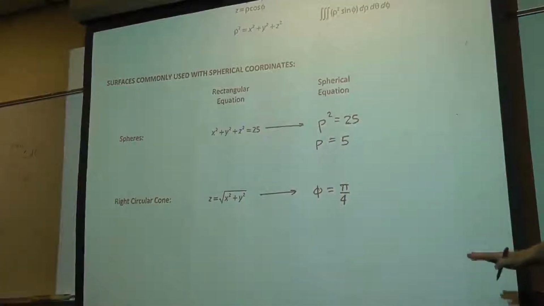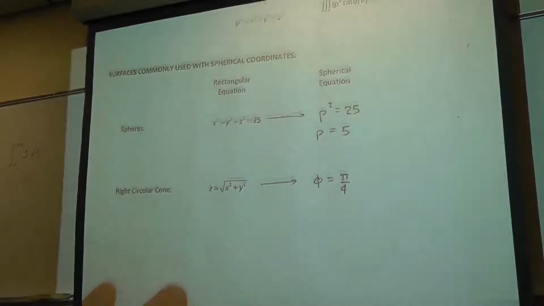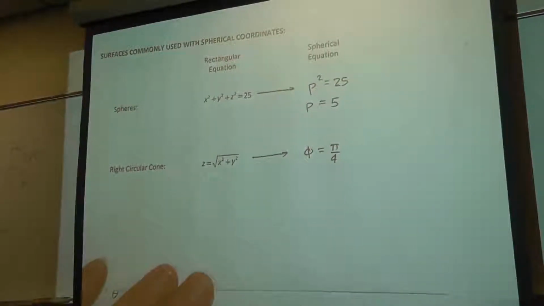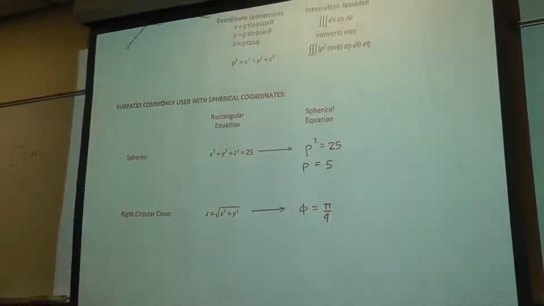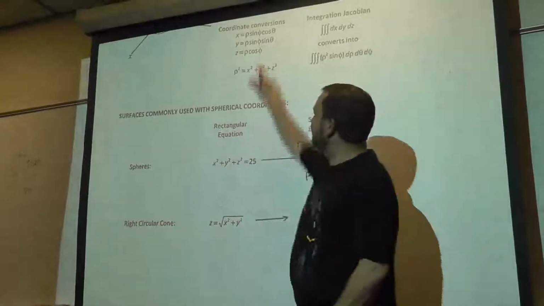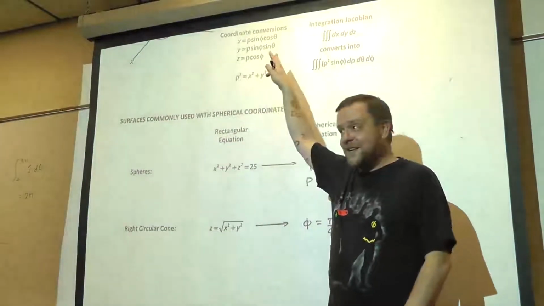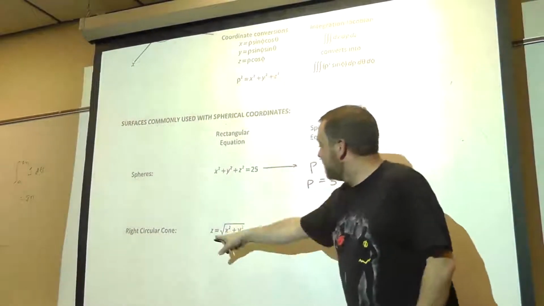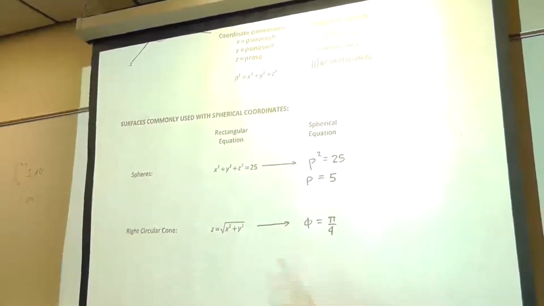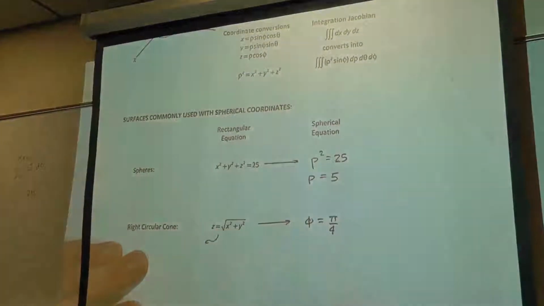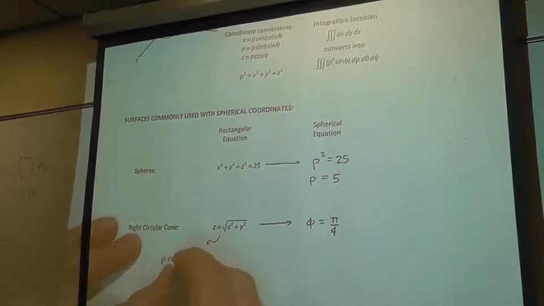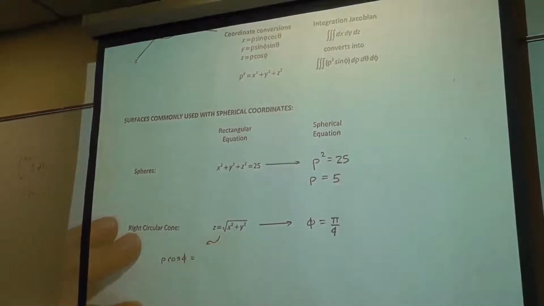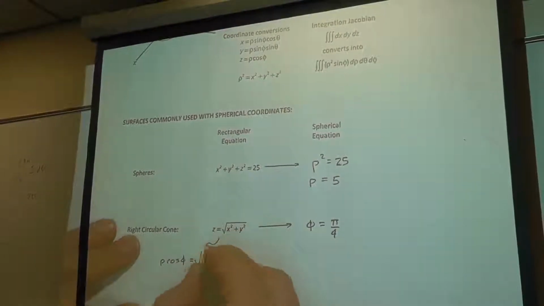Now, if you think I'm pulling your leg, if you think I'm trying to lay one over on you, I can actually take these conversions up here and replace the x, the y, and the z with their counterparts. You want to see it? You know you do. All right. Replace z with rho cosine phi, equals the square root of.